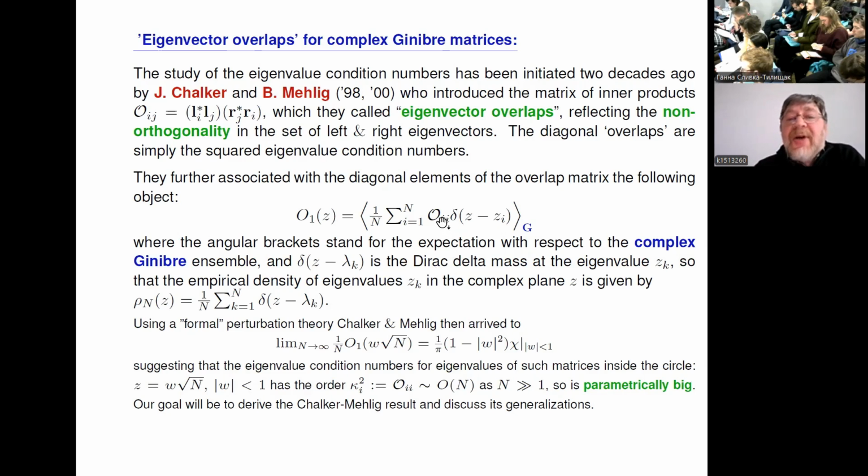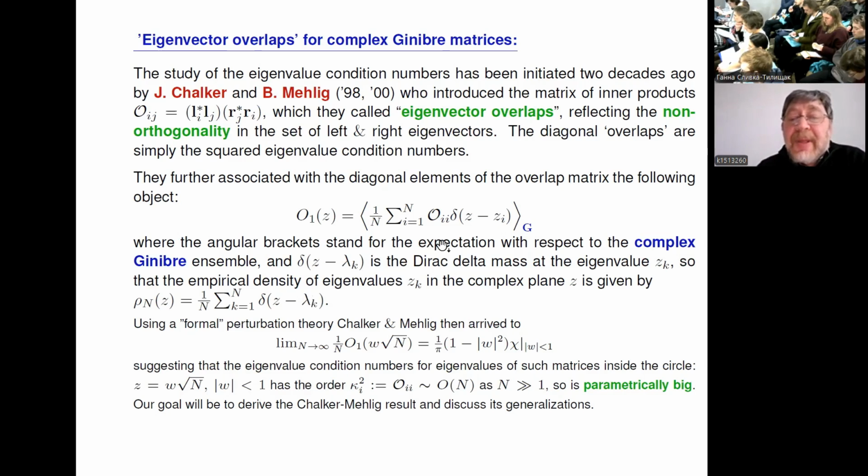In particular, if I just replaced this O_ii with unity, I will get the expectation of the empirical density, which is defined as the sum of delta masses at the corresponding lambdas.